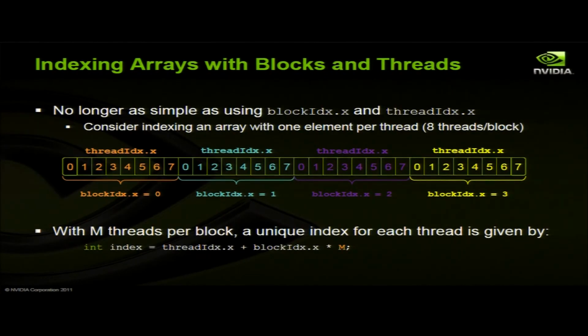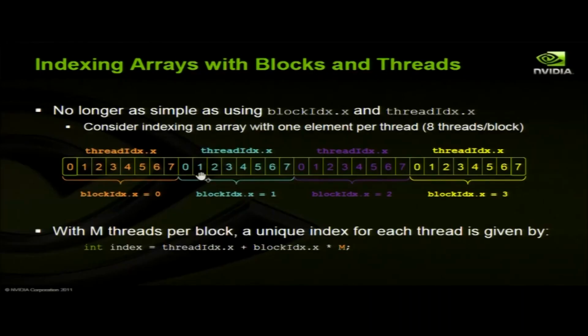Correct? So if you see, my thread ID ranges for every block from 0 to 7. 0 to 7, 0 to 7, 0 to 7. And what is my block ID? 0, 1, 2, 3. Okay? So how do I find the index now? The formula is already given below. If you can see, it is actually blockIdx star m plus threadIdx.